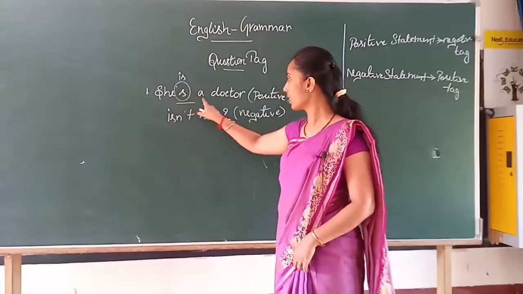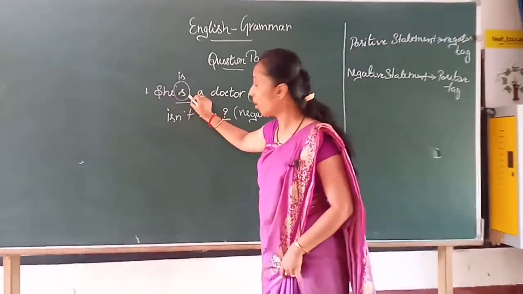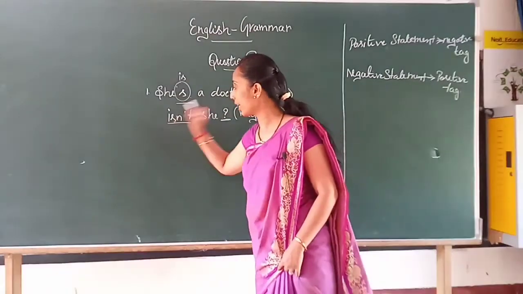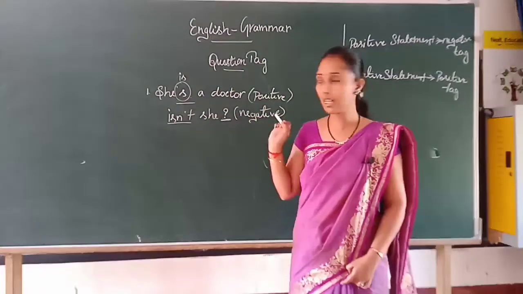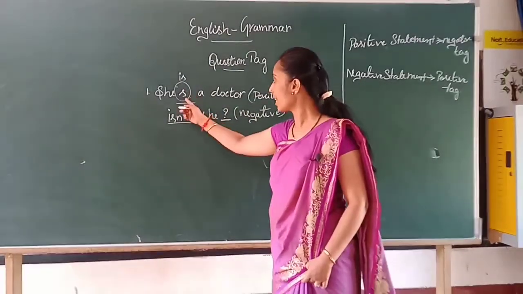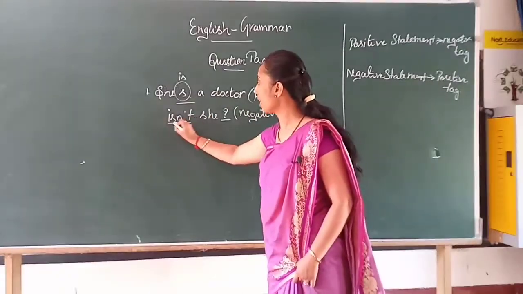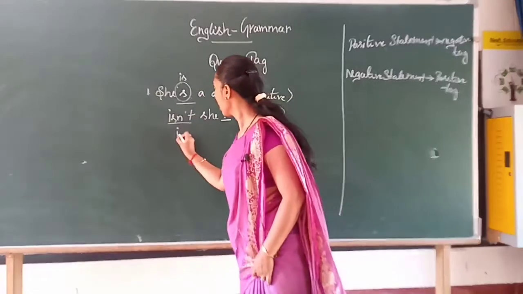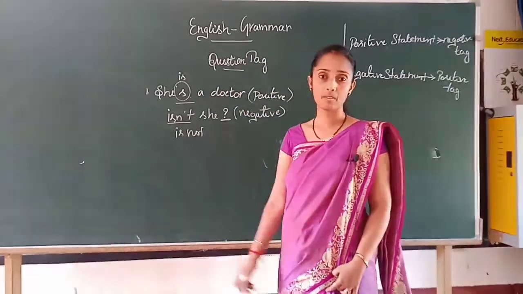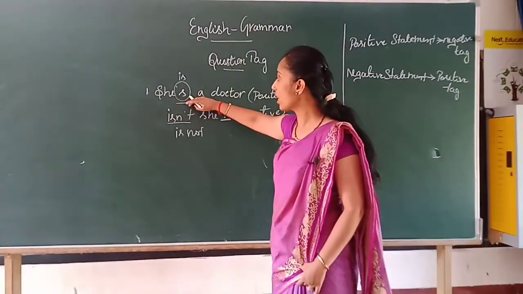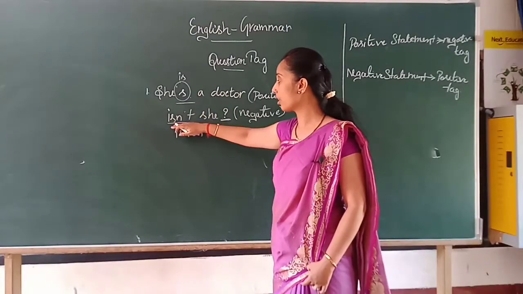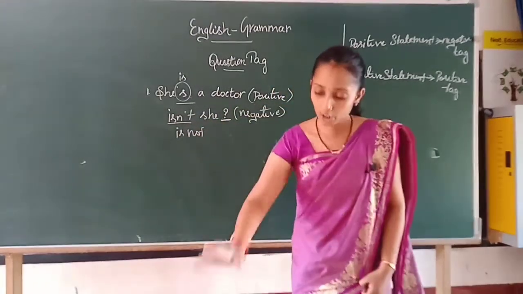See, she is a doctor, and these helping verbs will become negative verbs. She is a doctor, then simply how to frame this: is becomes isn't here. So is not, this is the form. Clear? So always these helping verbs will turn into negative form in a question tag.